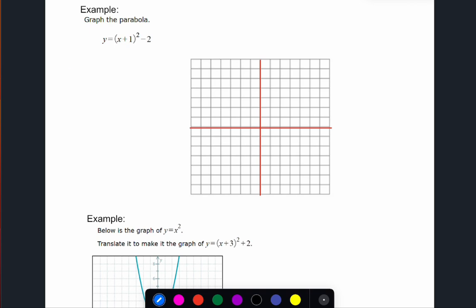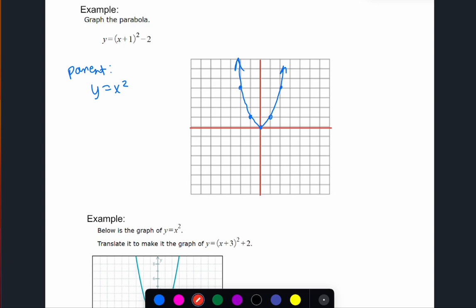So if we look, our parent function is y equals x squared. And let's put that on there. So then we can easily pick up our points. Now you really only need about 3 points. I'm going to put 5 just so I get a nicer picture, because I'm not the greatest grapher as far as making it real nice and neat. So the more points I have, it helps me get my graph a little nicer.